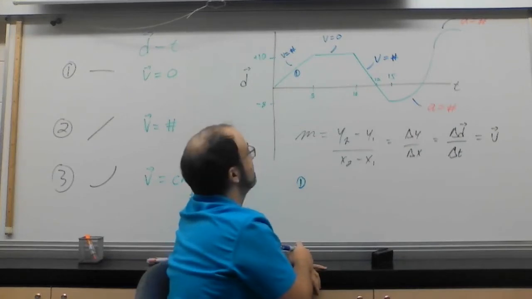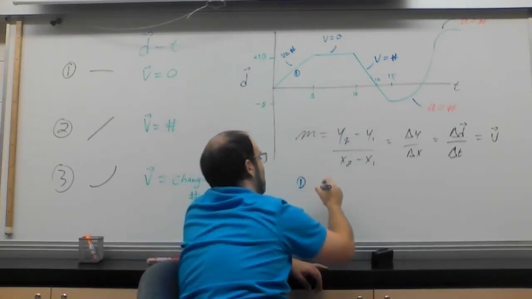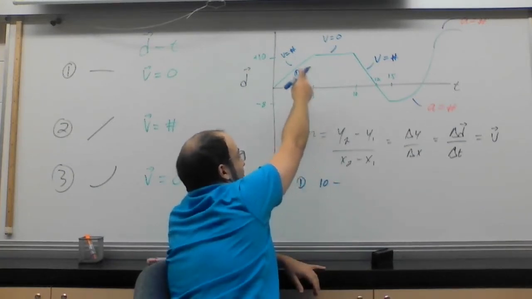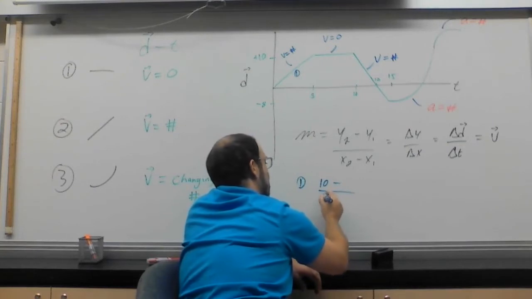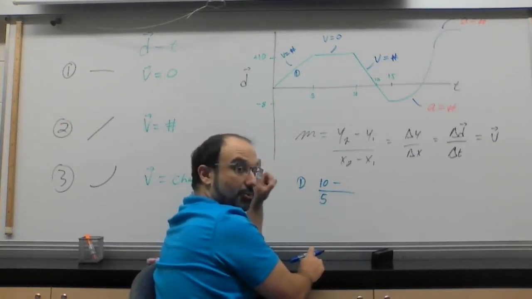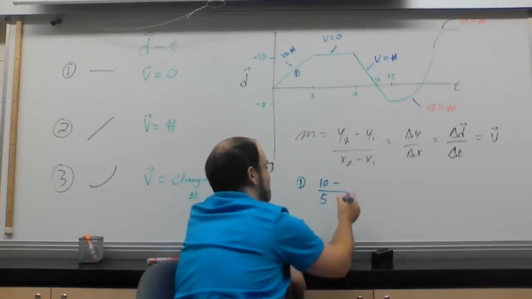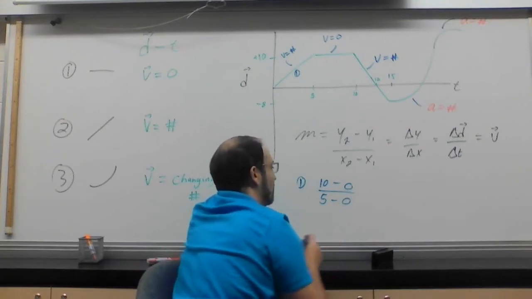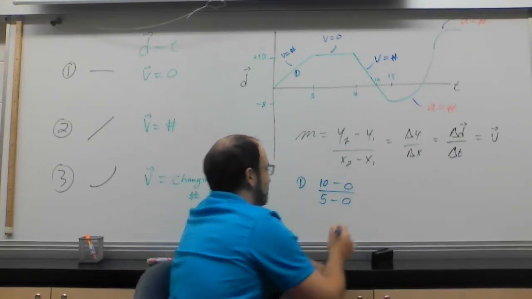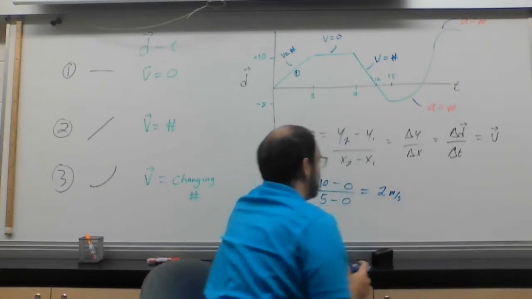We're going to be getting something to the effect of the y is 10, so 10 minus, and the 5 is x, so that's going to be over 5. Remember, both of these are for the second point. The first point in this case is very easy because it's just 0 over 0. Well, that's pretty straightforward. So this whole thing is just going to be 2 meters per second.